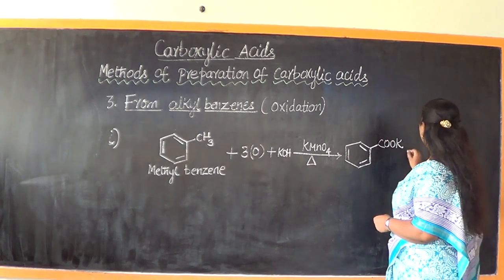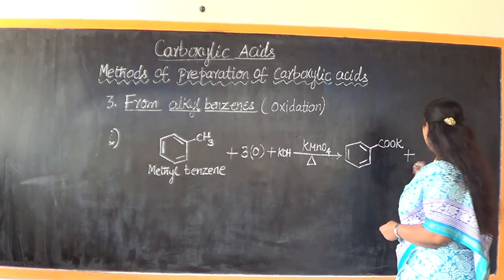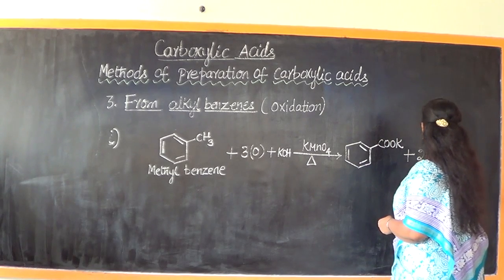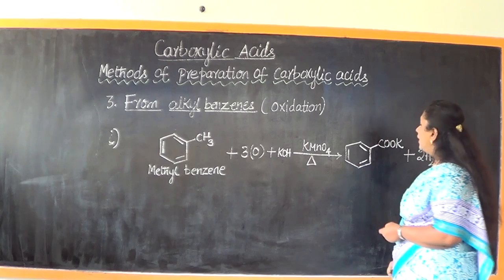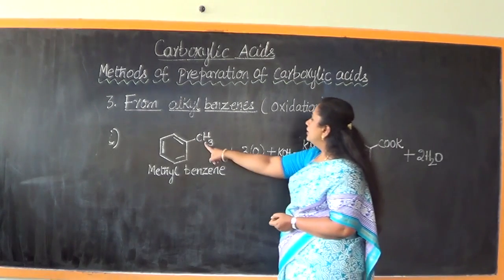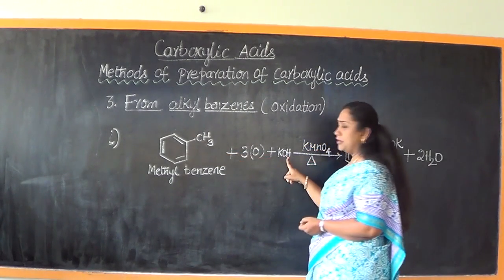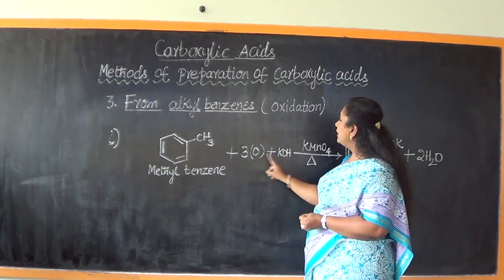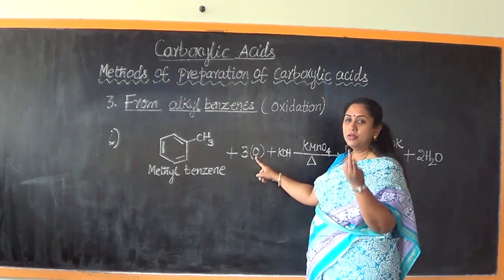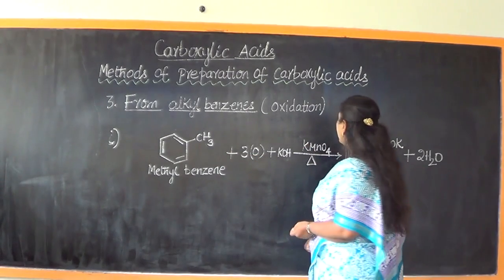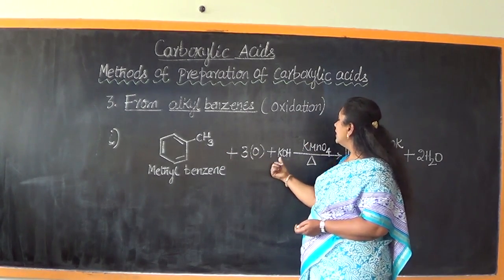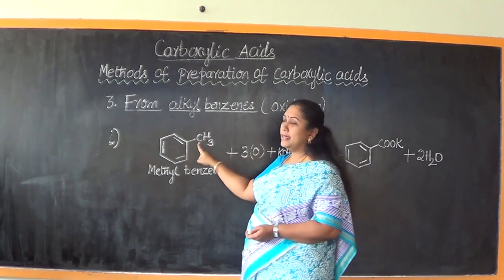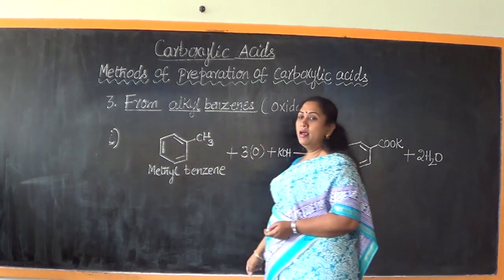And what else do we get along with this? We will obtain 2 molecules of water. How are the 2 molecules of water formed? 3 hydrogen, 1 more hydrogen, like that 4 hydrogen, and then 1 oxygen from here, another oxygen from here. So that will make 2 molecules of water. Remaining 2 more oxygen and then 1 potassium will take a linkage with carbon in the place of hydrogen.